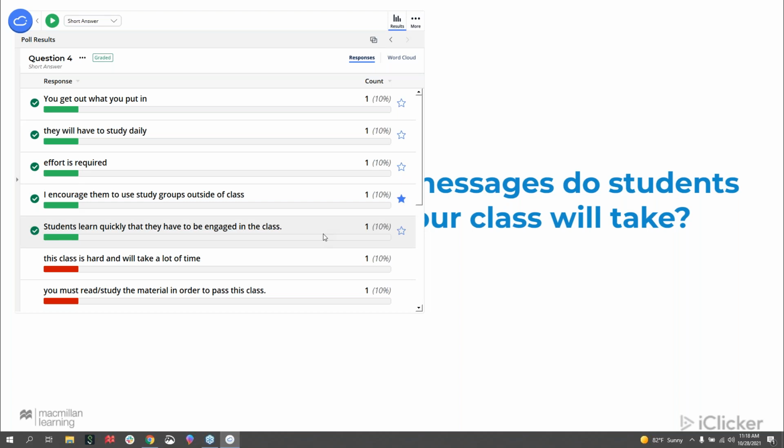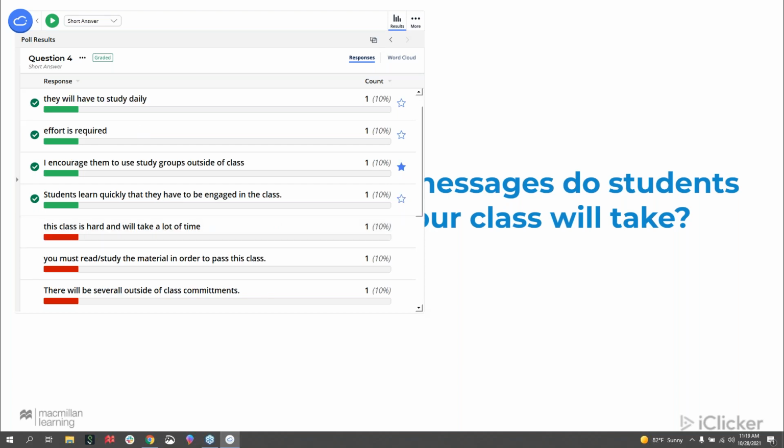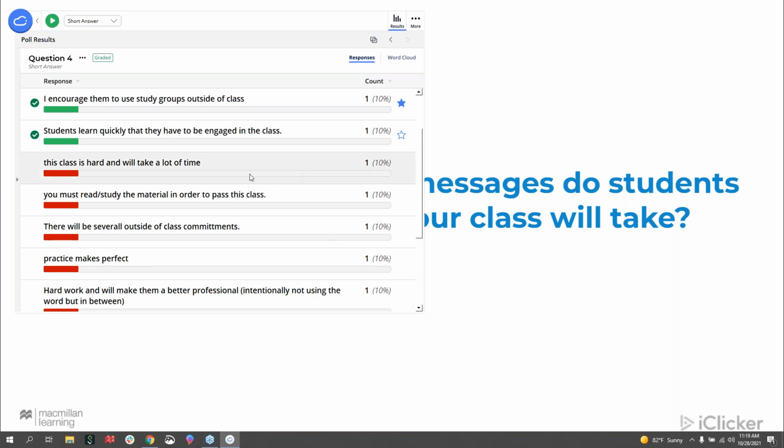Students learn quickly that they have to be engaged in class. Okay, great. That's really great. A lot of students show up and they think it's going to be a passive activity to be in class. Here, they're stressing engagement. This class is hard and will take a lot of time. Being honest about how challenging your material is really important with students.